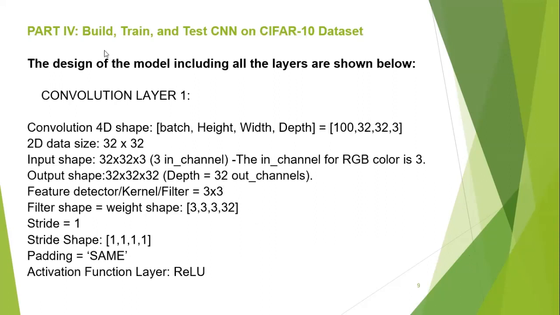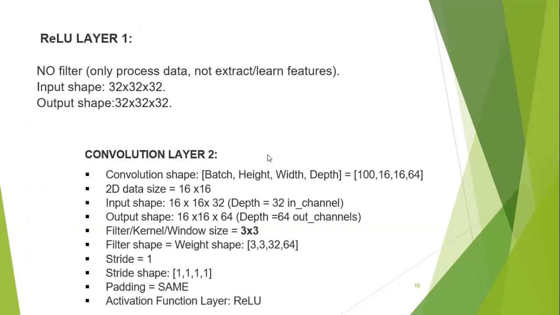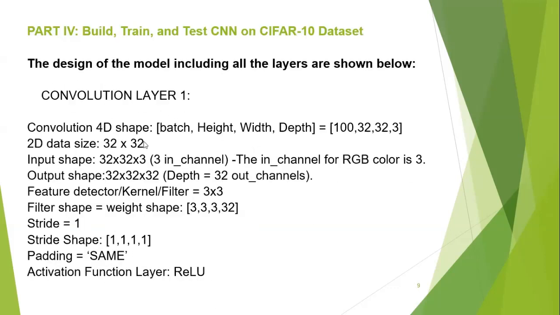And then here we are going to build, train, and test our convolutional neural network, our CNN, on this CIFAR 10 data set. The design of this model includes different layers: the convolutional layer, then the pooling layer, then the ReLU layer.